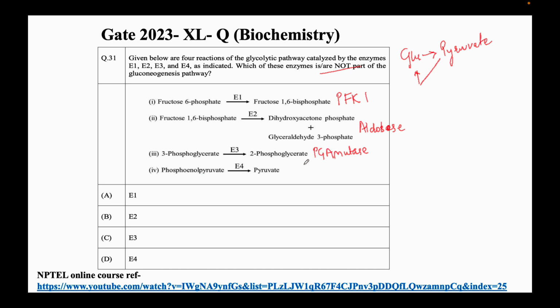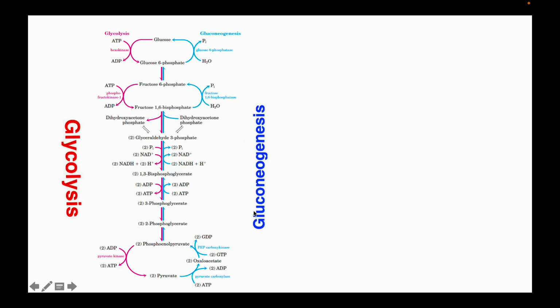This is the final step of glycolysis, wherein pyruvate is formed, and this reaction is catalyzed by pyruvate kinase. So keep these reactions in mind. I'll show you the detailed pathway of glycolysis and gluconeogenesis.